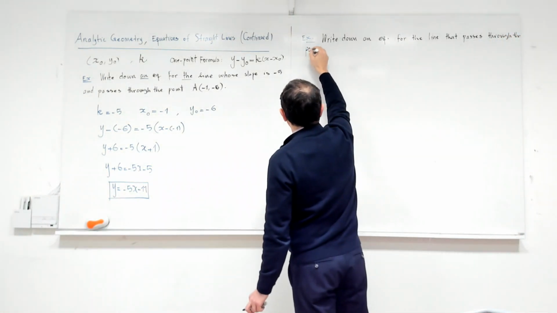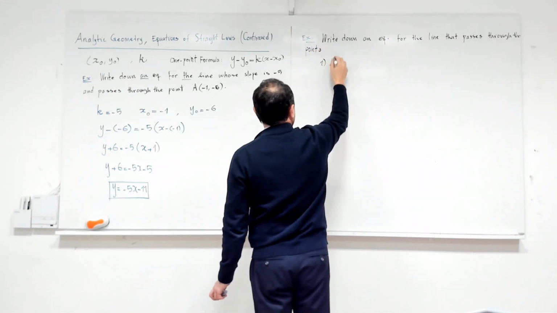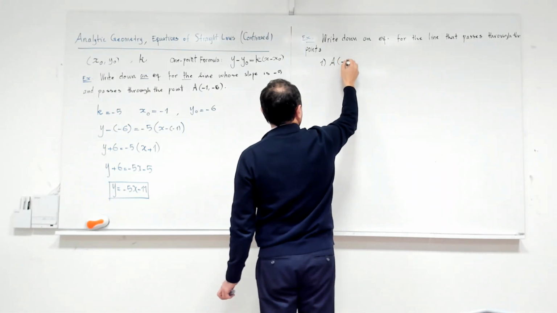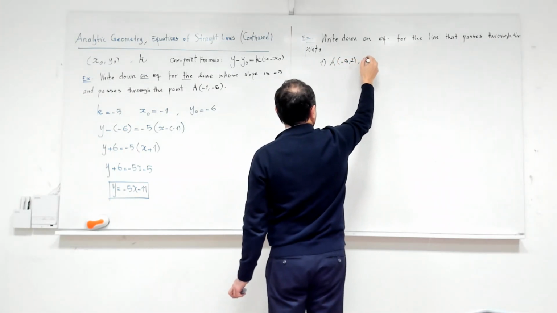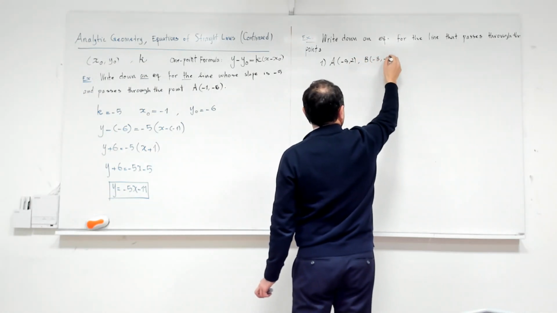I give you two parts, yes, through the points. Part 1, I give you A equals minus 5 and 2, B is minus 3 and minus 1.